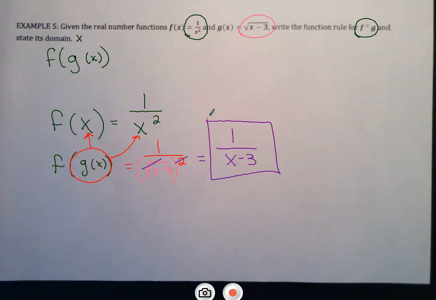So what do we know here? It's not undefined. Good try, though. Since we have a variable x in the denominator, and we're subtracting 3, what can x not be? X cannot be 3. Okay, so that goes with this rule.